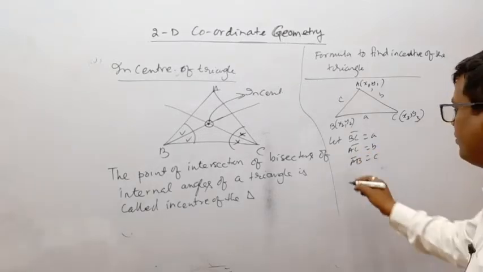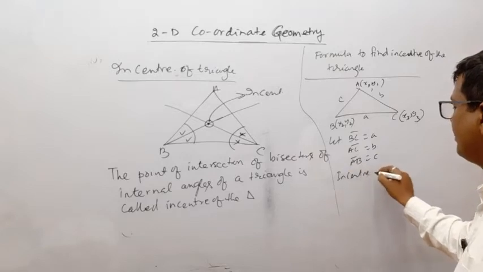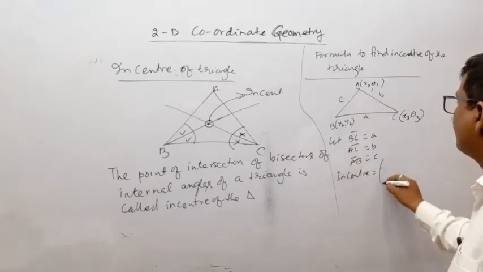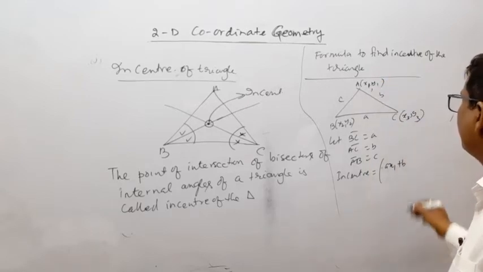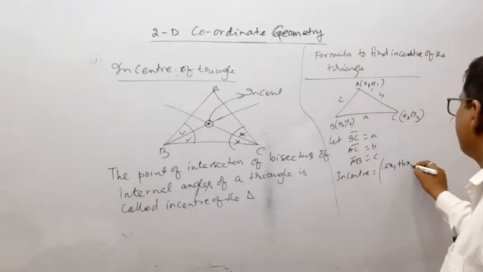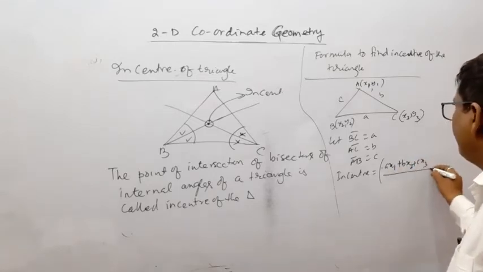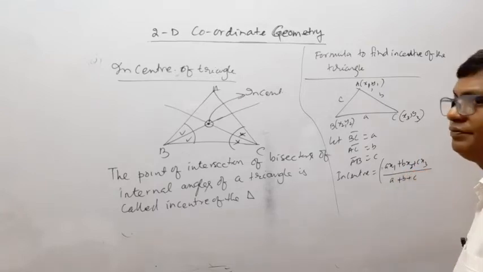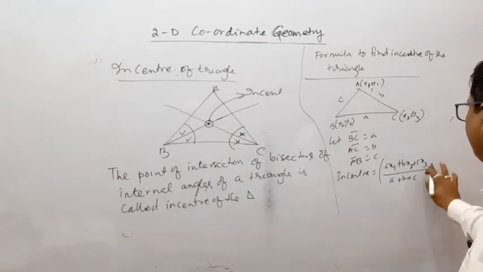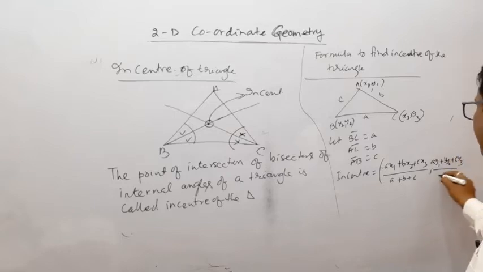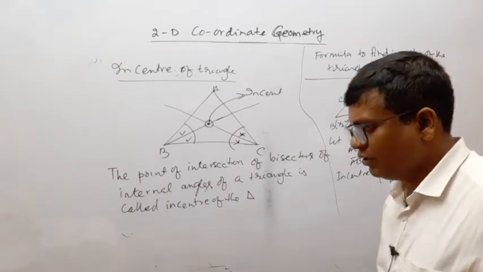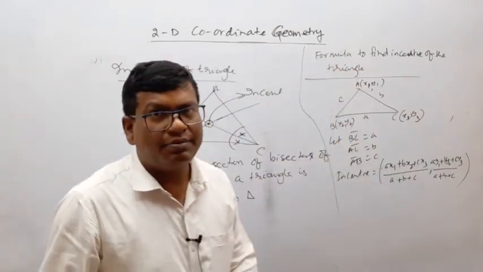Now the incenter is equal to (a x1 plus b x2 plus c x3) divided by (a plus b plus c), comma, (a times y1 plus b times y2 plus c times y3) divided by (a plus b plus c). This is the formula to find the incenter of the triangle. Now one question related to the incenter of the triangle.